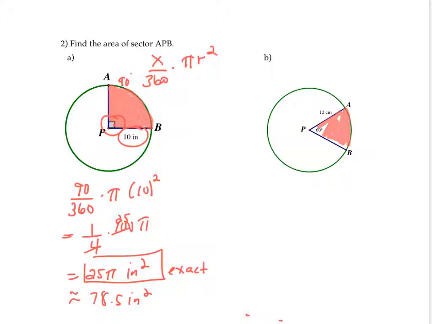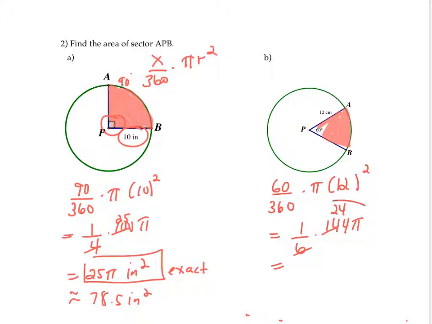One last one. I'm going to find the area of this sector right here. The central angle is 60 degrees, so you're going to take 60 divided by 360 times pi times our radius of 12 this time squared. So 60 over 360 reduces to 1/6, and then multiply it by 144 pi. 6 goes into 144 24 times, so the final answer will just be 24 pi.